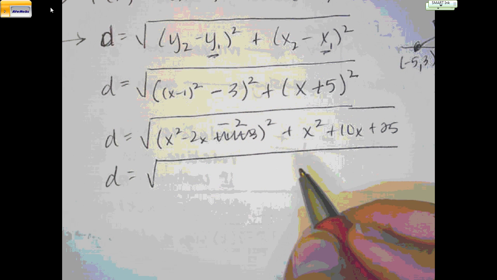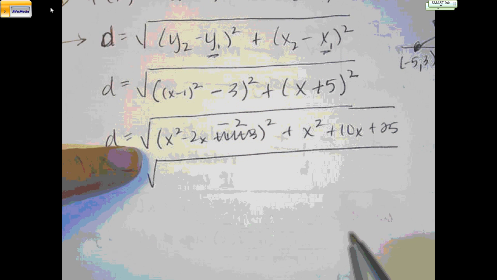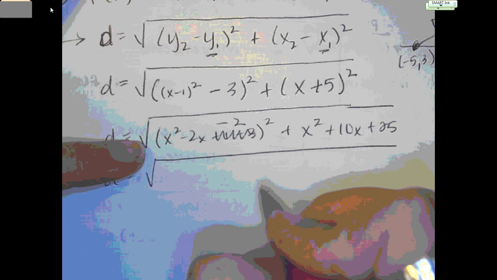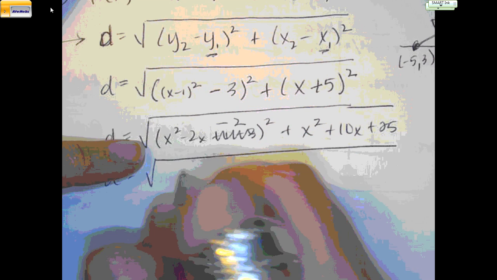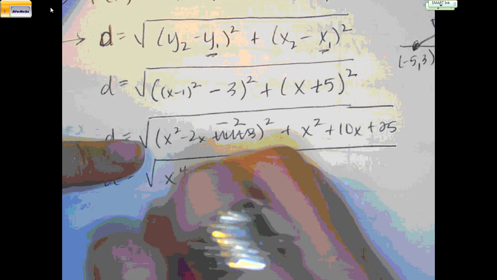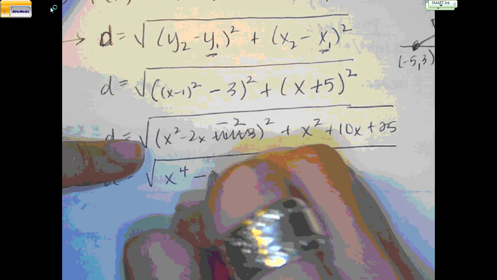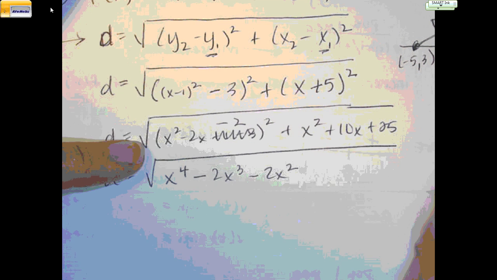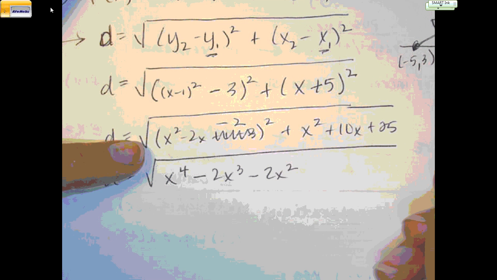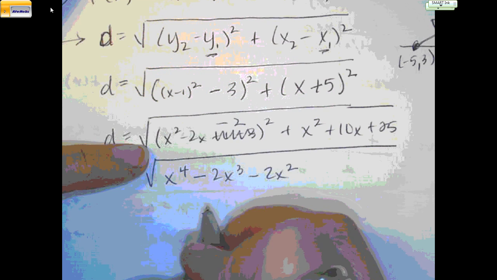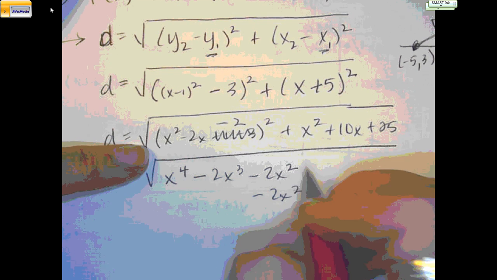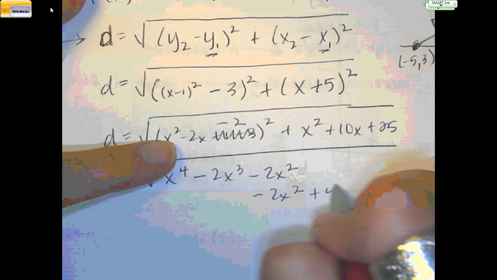Yeah, we are going to have to do that. So if I take x squared times everybody here, I'm going to have x to the 4th minus 2x cubed minus 2x squared. And then negative 2x times everybody is going to be negative 2x squared plus 4x.